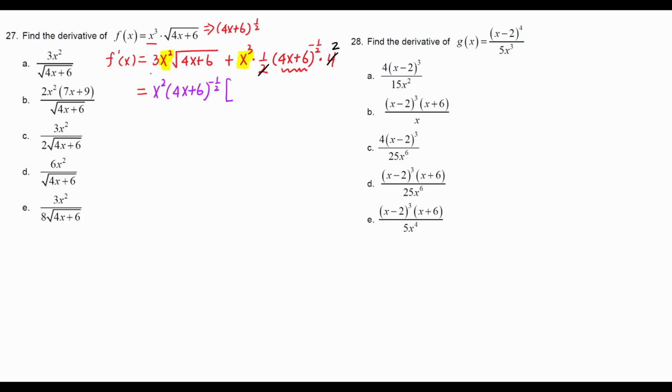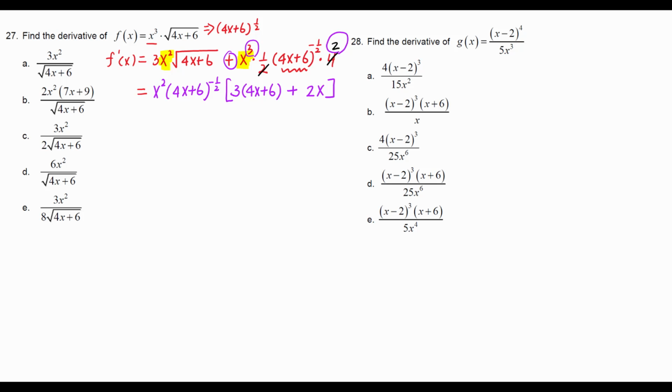Then from the first term, all you have left is 3 times. In order to get the 1/2 power, you would need 4x plus 6 to the power 1, since negative 1/2 plus 1 gives you 1/2. And from the second, remember you had this 2, and because you took the x squared out, you still have an x there. So it is plus 2x.